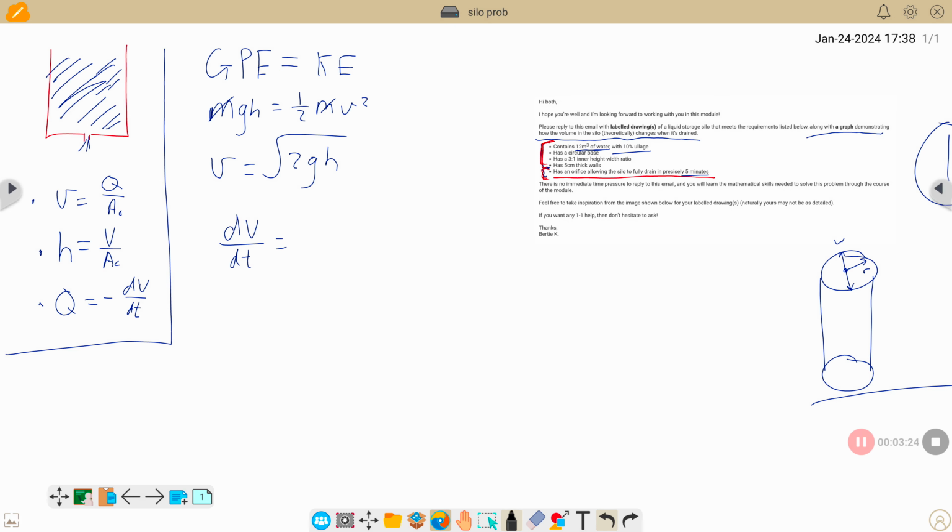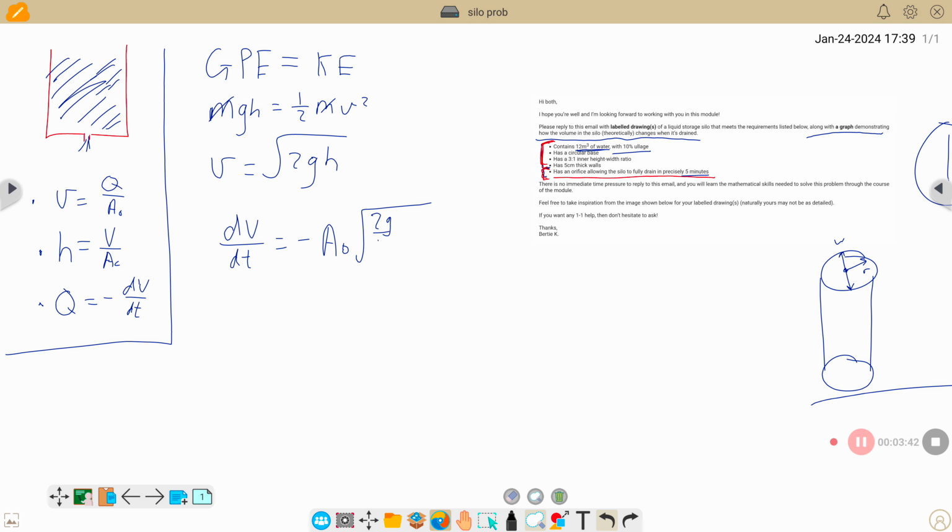dV over dt equals minus A0 root 2g over AC times root V. Let's write this a little bit differently actually.